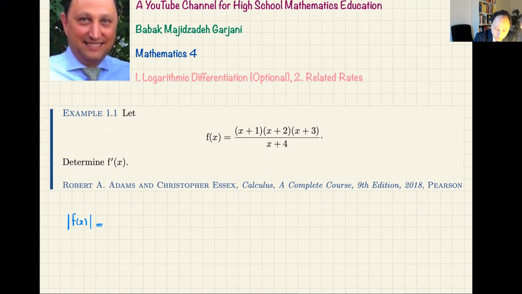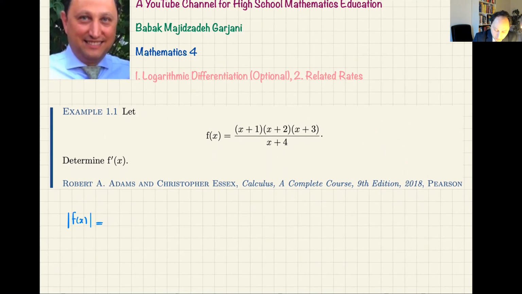So if I take absolute value according to these rules, it becomes absolute value of the first item, absolute value of the second item, absolute value of the third one, divided by the absolute value of what is written in the denominator. Hopefully it is clear. In principle, I should put absolute value here, but this is a fraction.